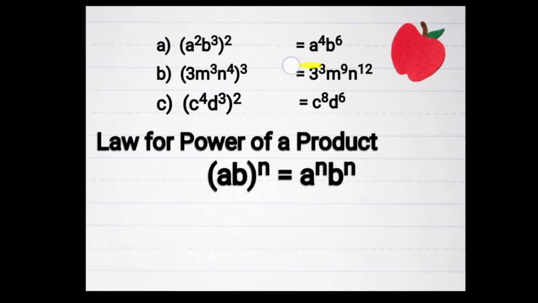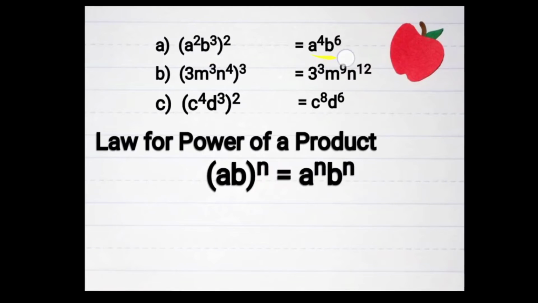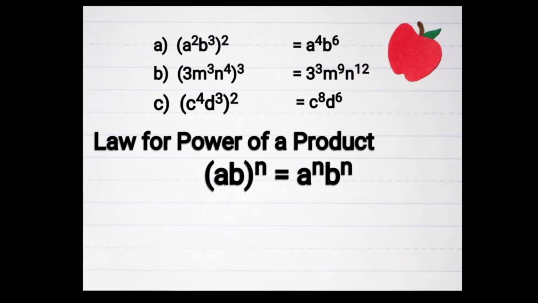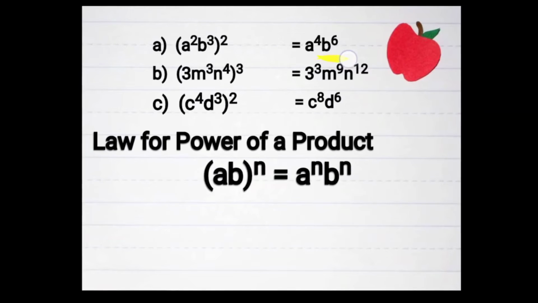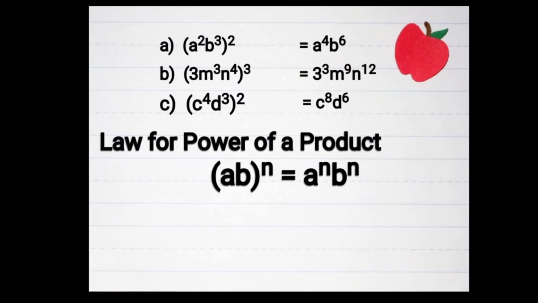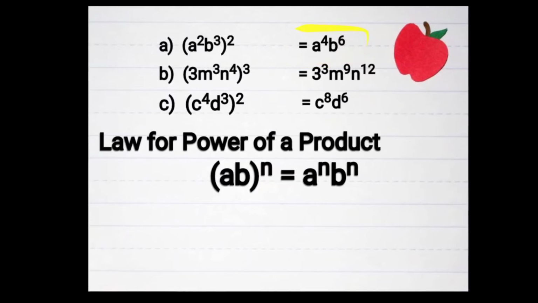Now copy the base b, then multiply 2 times 3. The exponent outside the parentheses times the exponent of b. So that is 6. That's why we have b raised to 6. We cannot simplify a raised to 4 and b raised to 6 because the bases are variables. So this will be our final answer.